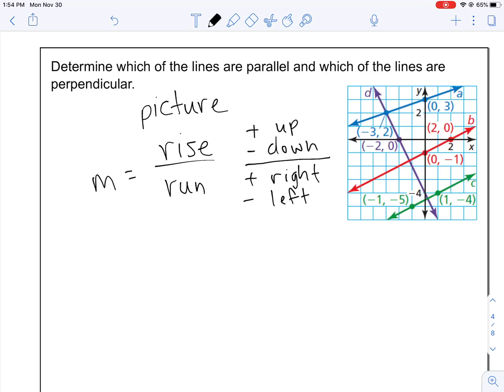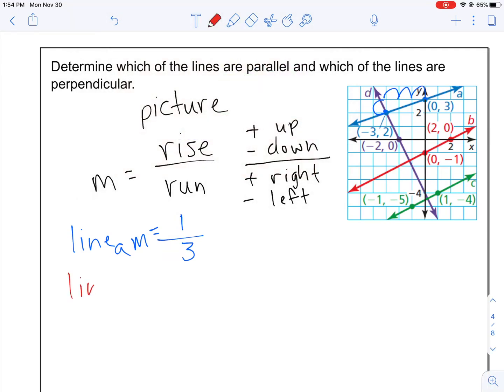And what we're doing is we're going from one point to the other. So if we look here at line A, we're going from here to here. So it looks like we're going up 1, over 1, 2, 3, right 3. So your slope here is 1 over 3.